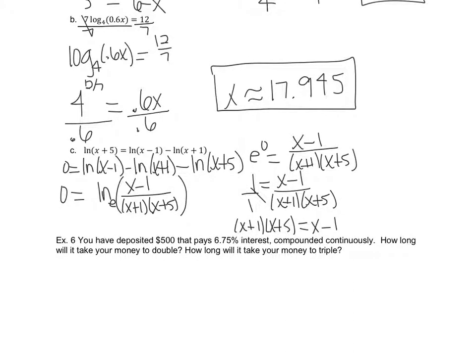I'm going to write x squared plus x plus 5x plus 5 equals x minus 1. And now I'm going to move everything to one side. So minus x and plus 1, and I've got x squared plus 5x plus 6 equals 0.